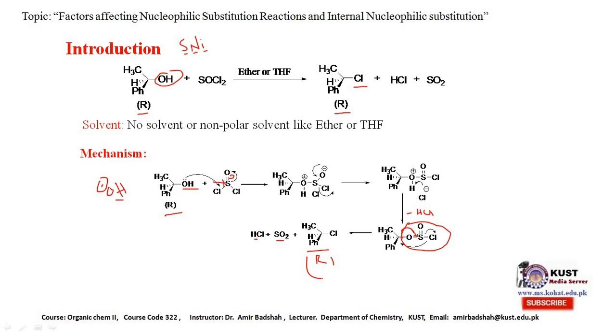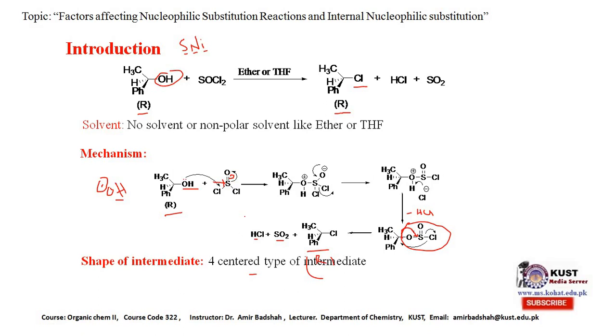Half of the molecules are racemized and half have the same configuration as the reactant. But in an SNi reaction, the stereochemistry will not change. For example, if we started from R, we still have R here. How the configuration has been retained, we have discussed in detail in this mechanism.